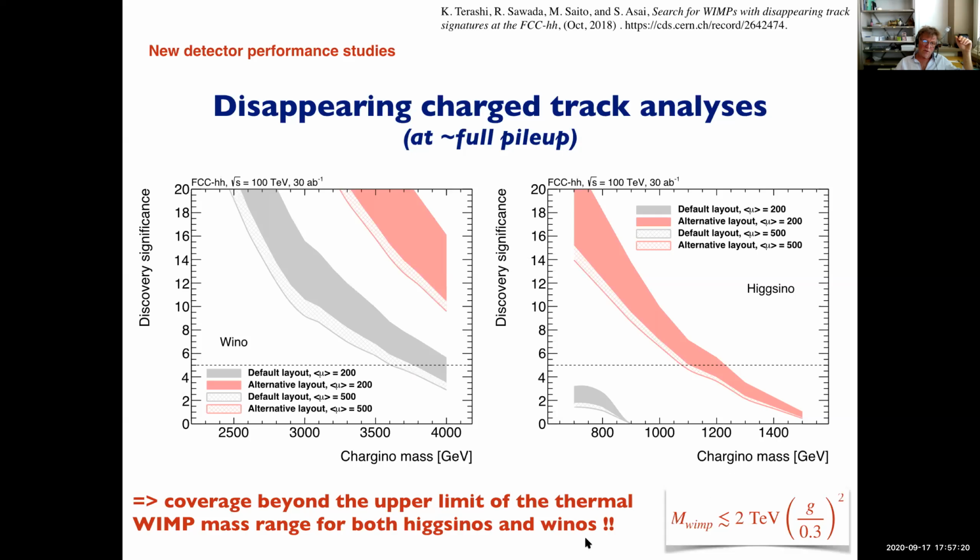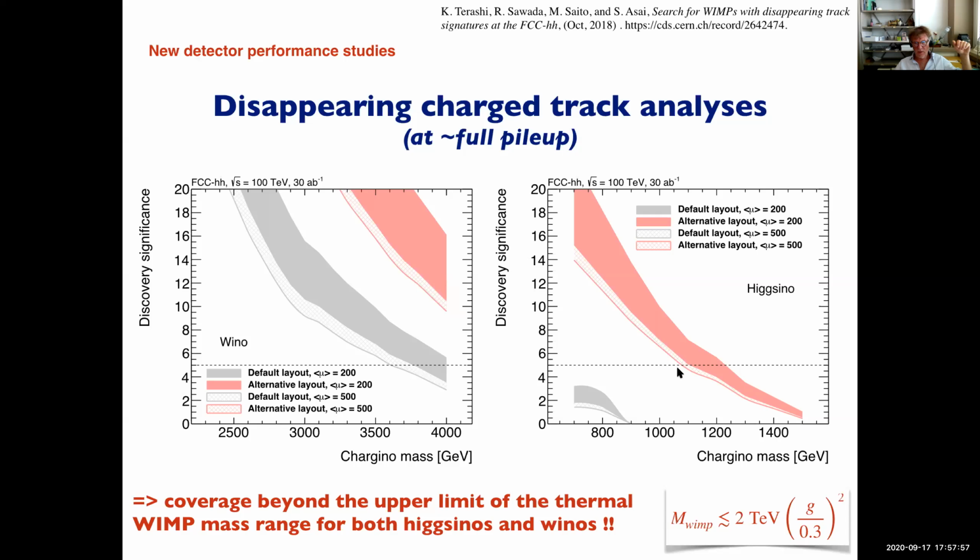So this would be a Wino-like chargino in the case of a triplet, and a Higgsino in the case of a doublet. This red band is the discovery potential as a function of the mass of the object. The dashed line is the famous 5 sigma. As you see, that 5 sigma for, say, the triplet for the Wino-like dark matter goes all the way up to about 5 TeV.